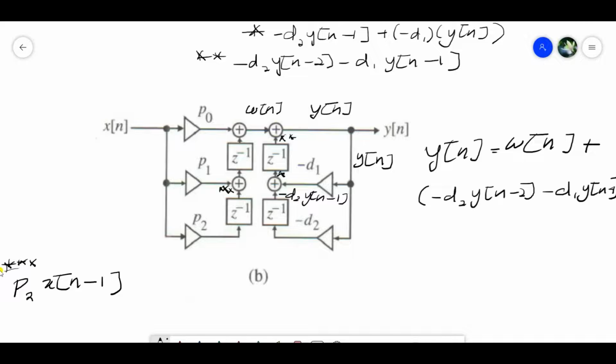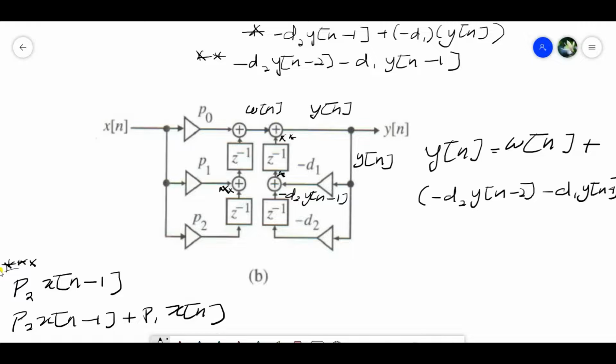And then at this summing junction, this is a sum of xn p1. So at this point it is p1 p2 xn minus 1 plus p1 xn.